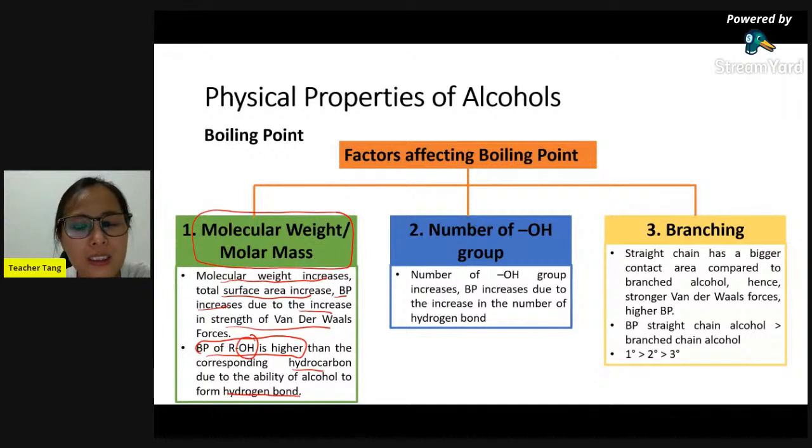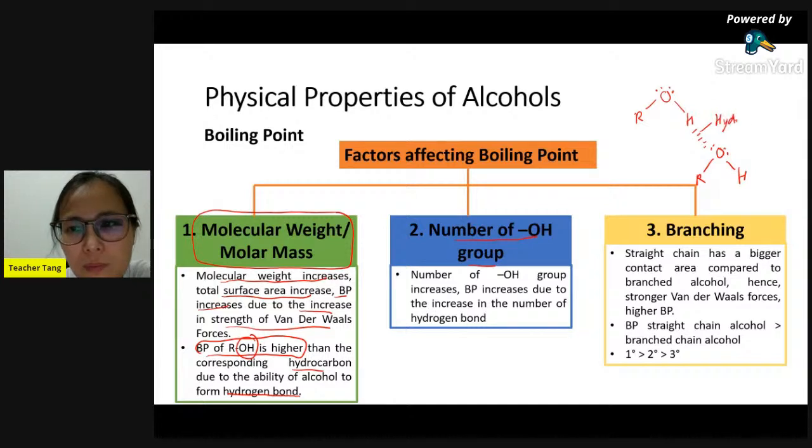So the second factor is the number of the hydroxyl group. So we know that alcohol, let me draw like this. Basically, alcohol generally can form hydrogen bonds between the molecules. So this is the hydrogen bond.